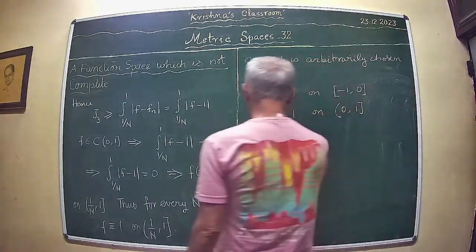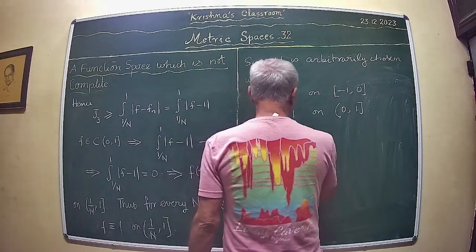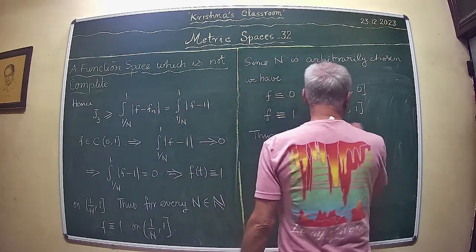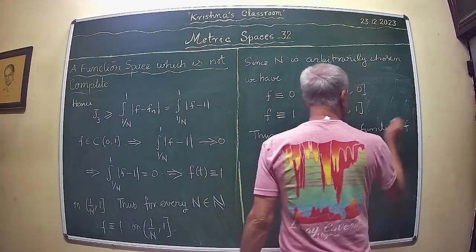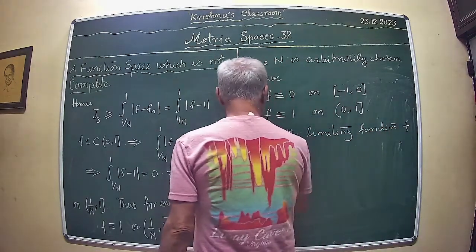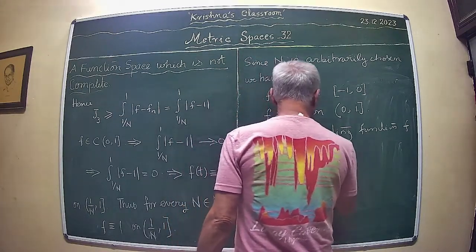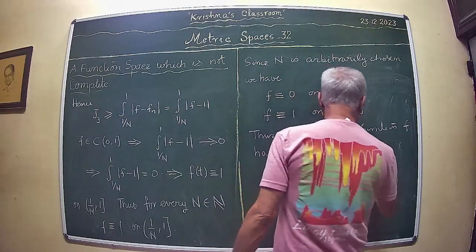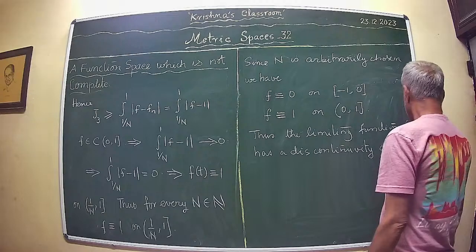Thus the limiting function f has a discontinuity at t equal to 0.